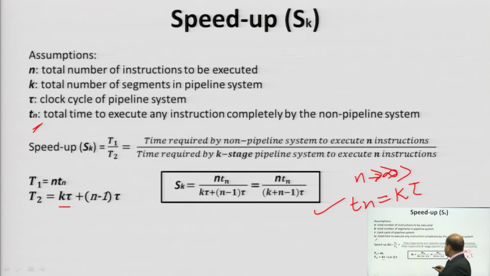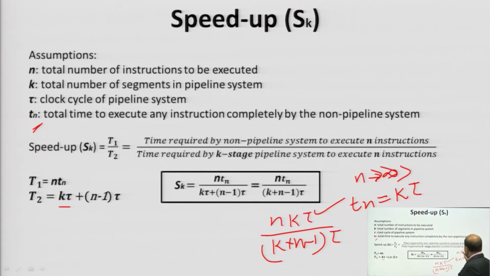So, what will be the speed up factor in that case? n k tau upon k plus n minus 1 times tau. So, if n is very large, we can consider k plus n minus 1 equivalent to n.